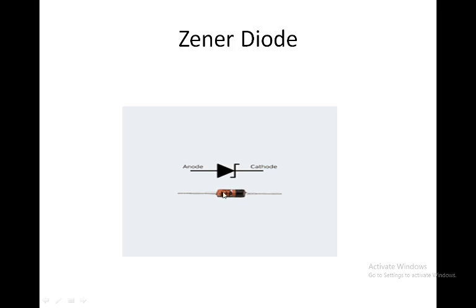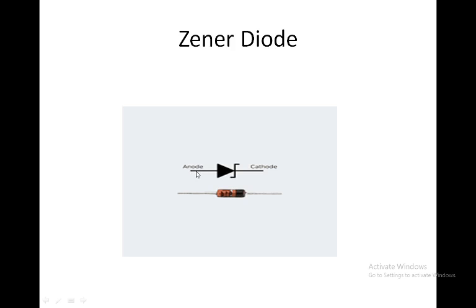This is how a Zener diode looks in real life. This is the circuit symbol. You see that this is the normal diode, and we now have this symbol in front of the cathode. So it has the anode and the cathode. However, it is always operated in reverse bias.